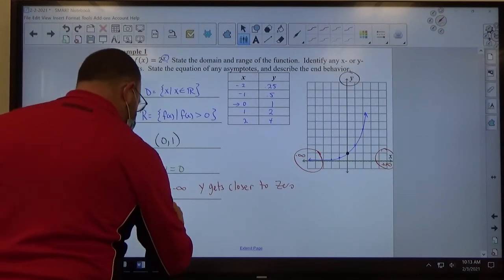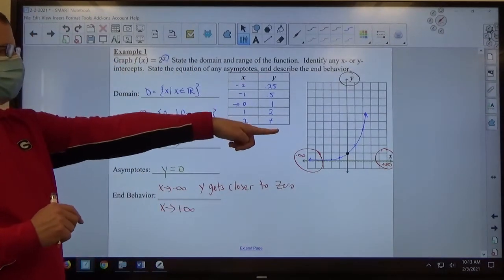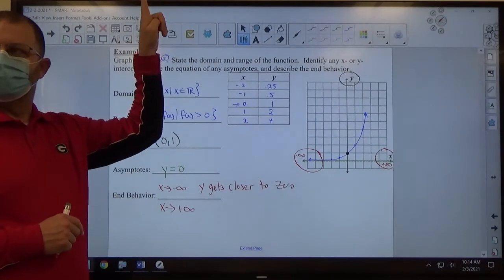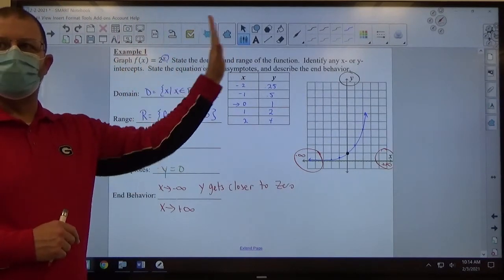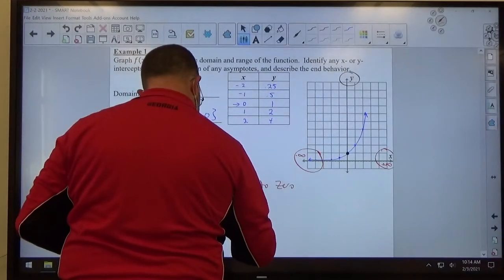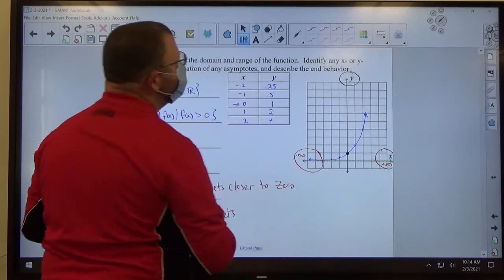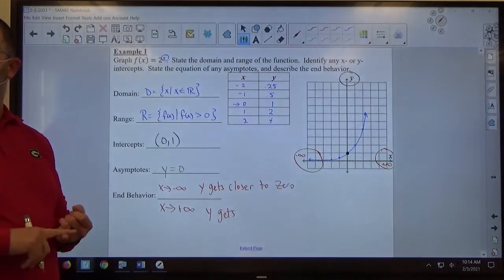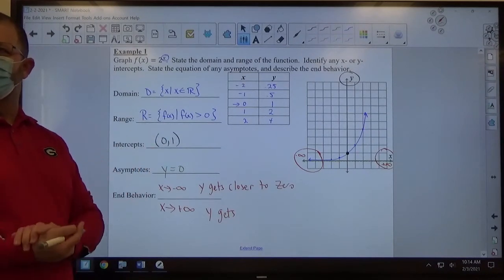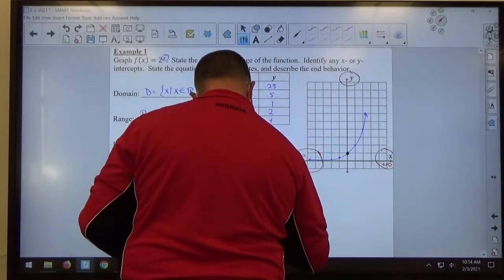As x is approaching positive infinity, going that way forever and ever, what's happening to the graph? It's getting ginormous. As I pick bigger and bigger values of x, y gets closer to infinity. We can say infinitely bigger.